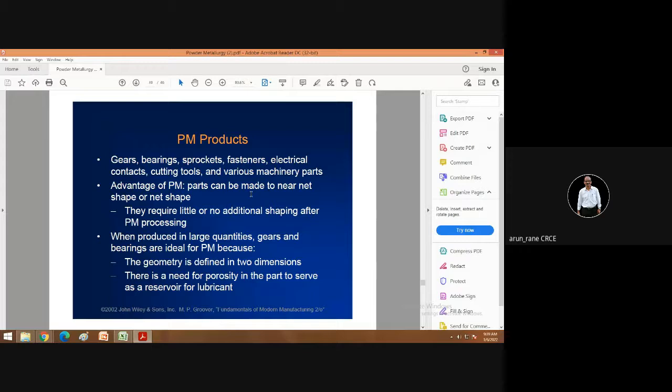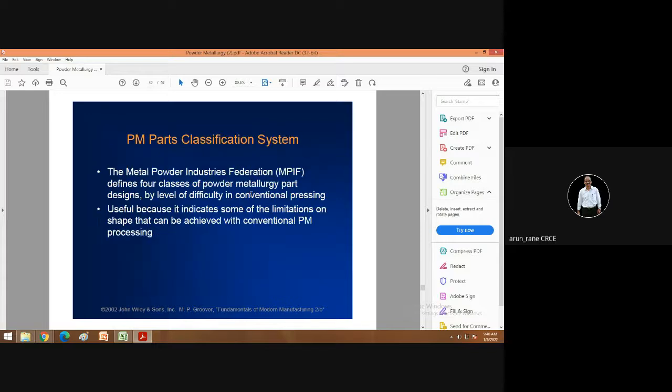These are the list of the products which can be produced by powder metallurgy: gears, bearings, sprockets, fasteners. That is, even bolts can be produced by powder metallurgy.